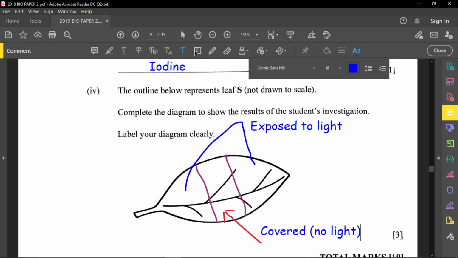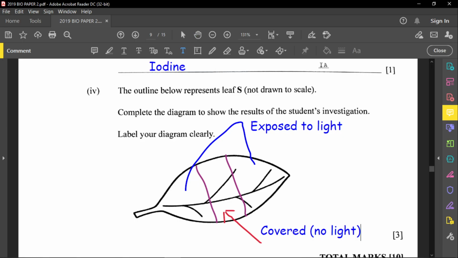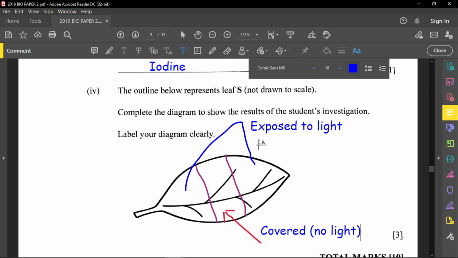So if we use iodine on the entire leaf, then what you will notice is that the parts that were exposed to light will photosynthesize and then produce starch. So the iodine at this point should change from a brown or yellowish brown into blue black. So iodine, let me just write that real quick.